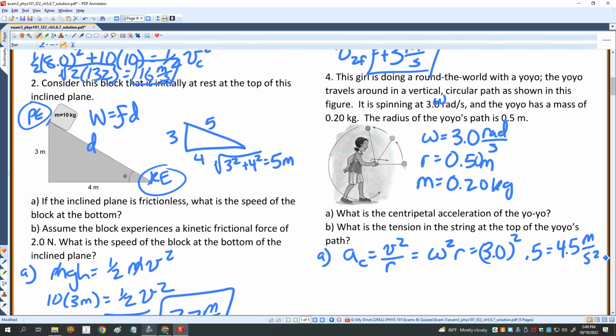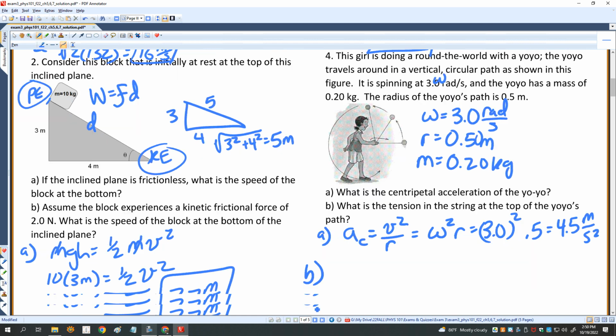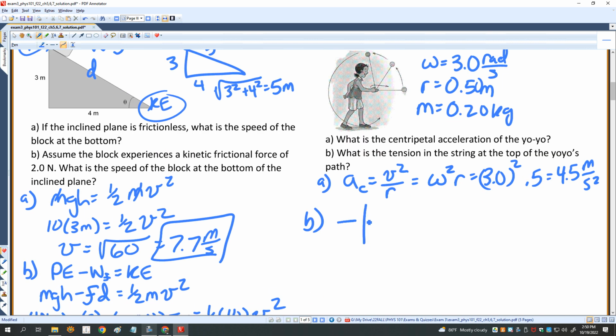That's part A, and then for part B, what is the tension? Okay, so this was the more difficult question, although we did it in class. At the top of the yo-yo's path, the tension is down and the weight is downwards. So the sum of those forces in the y direction is going to be negative Ft plus Fw.